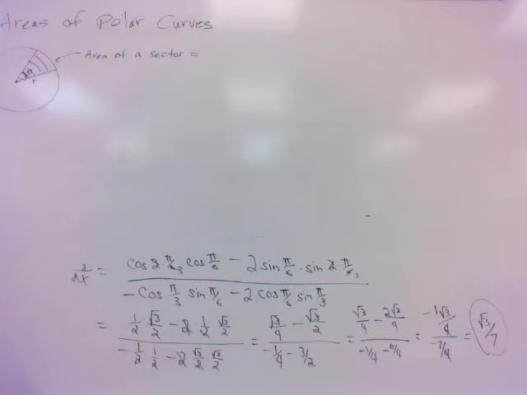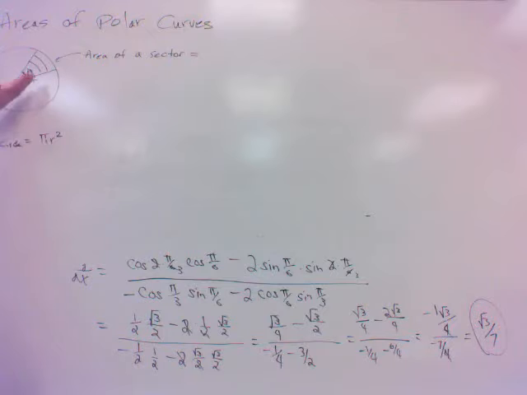Well, the area of a full circle is pi r squared, right? But I'm not talking about a full circle. I'm only talking about a portion of a circle, which we can get by thinking about the portion of this circle that's swept out.